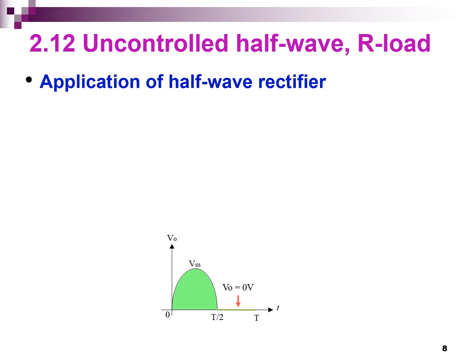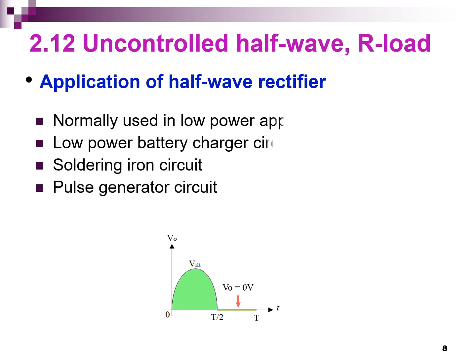Now let's look at the application of a half wave rectifier. It is mostly used in low power applications only, for example a low power battery charger circuit, soldering iron circuit, pulse generator circuit, etc. But why is it used in low power applications only?